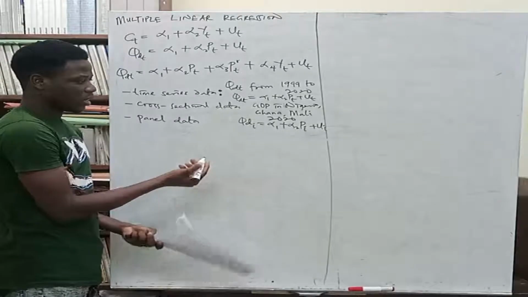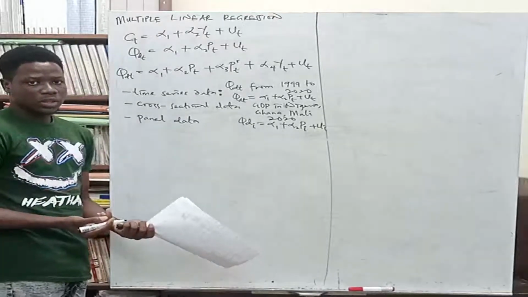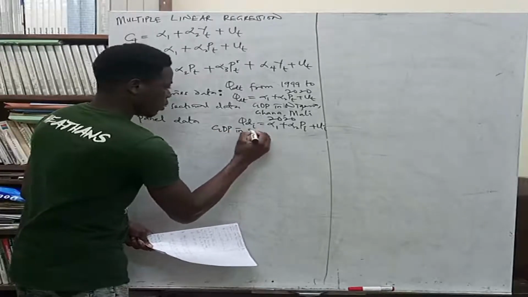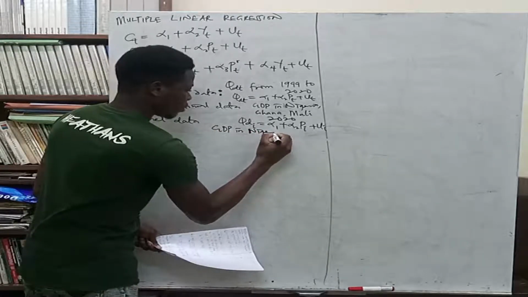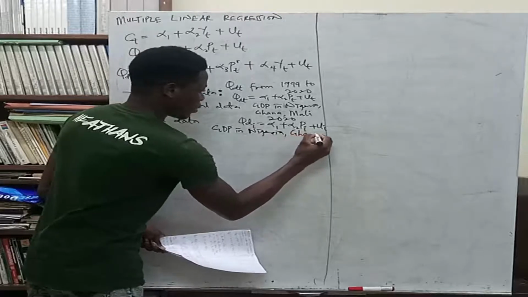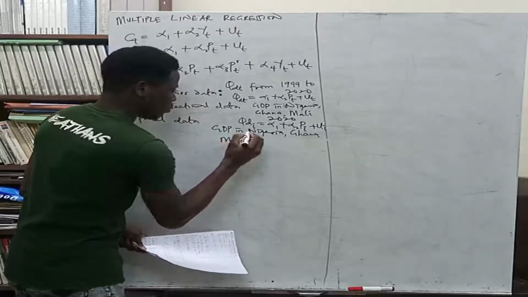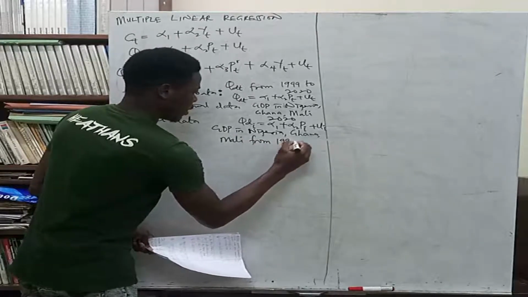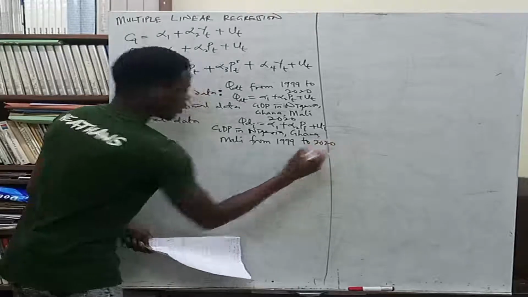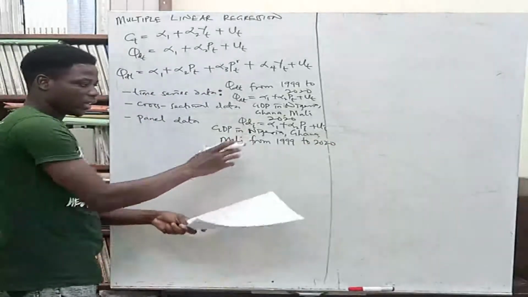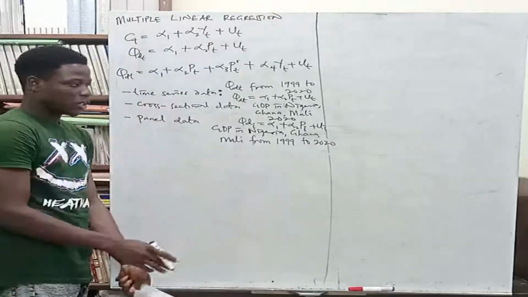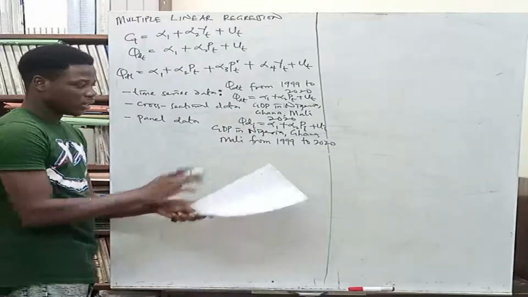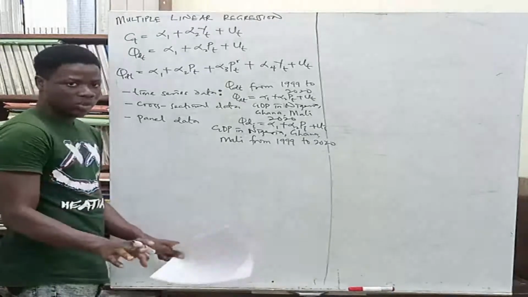Then the panel data is a combination of the two. So we're looking at GDP in Nigeria, Ghana, and Mali from 1999 to 2020. In this case, you get GDP in Nigeria from 1999 to 2020, GDP in Ghana 1999 to 2020, and GDP in Mali 1999 to 2020.